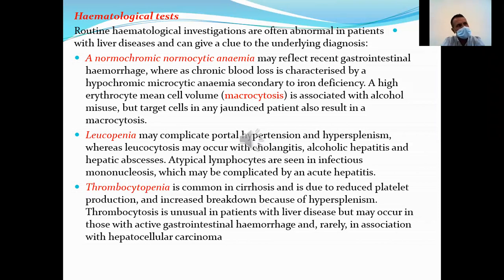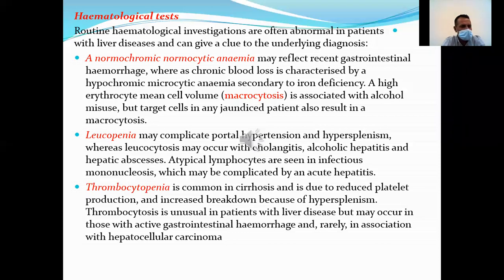Hypersplenism is common in patients with liver disease, for example liver cirrhosis, leading to increased engulfing of white blood cells, platelets and RBCs, leading to pancytopenia: leukopenia, thrombocytopenia and anemia. But an increased white blood cell count commonly occurs in cholangitis, alcoholic hepatitis, and hepatic abscess.